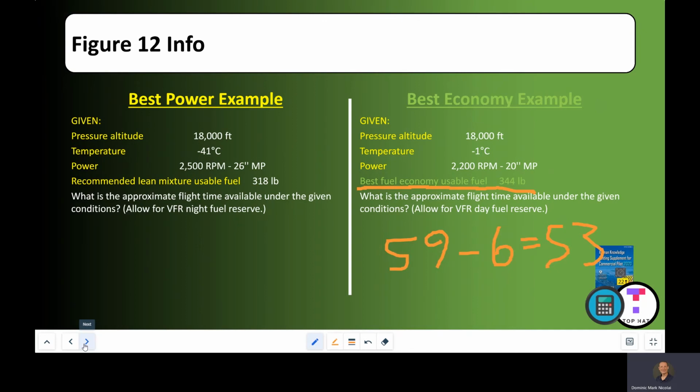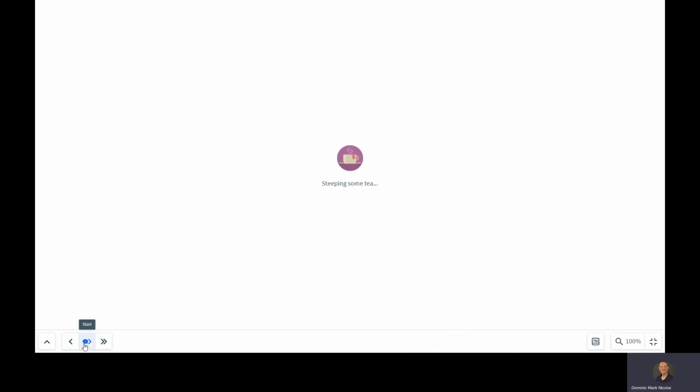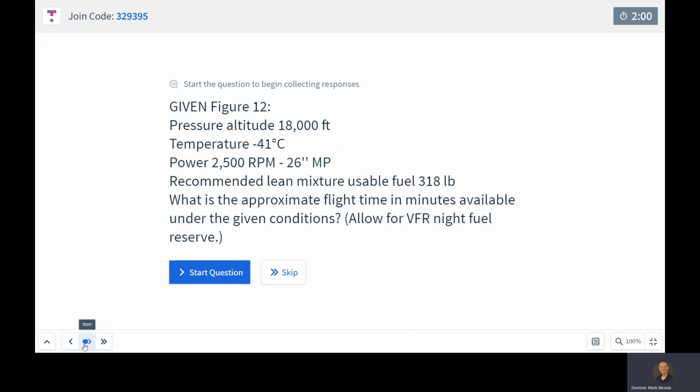All right. Now I might have a top hat question. You need your figure book and calculating device. Our problem here is recommended lean mixture, so no modifications needed to the fuel flow.